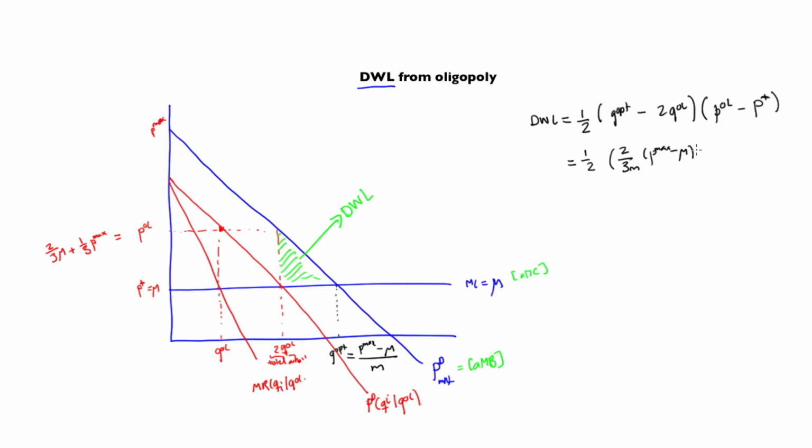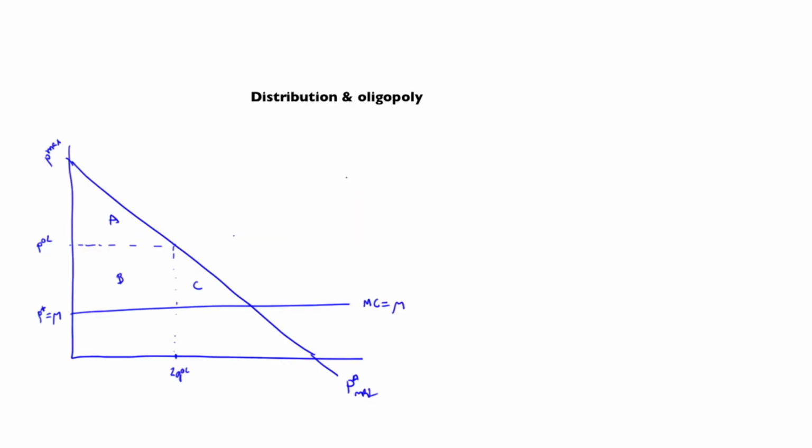I'm just substituting terms. And this other one is going to be 1/3 of (P max minus mu), which is going to be equal to (P max minus mu) squared divided by 9m. So there is a positive deadweight loss, and it tells you how it relates to the different parameters of the economy.